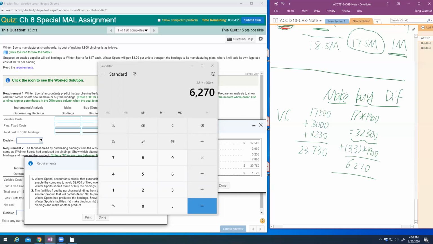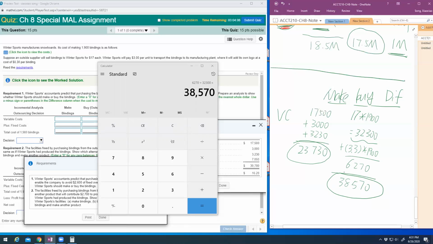So your total variable cost of buy actually will be $38,570. So your total of make is this much, and your total buy is this much.